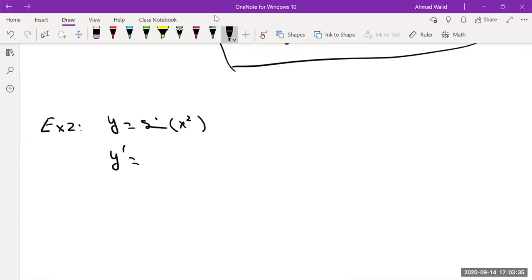y prime equals the derivative of the outside. My outside is sine. What is the d over dx of sine?